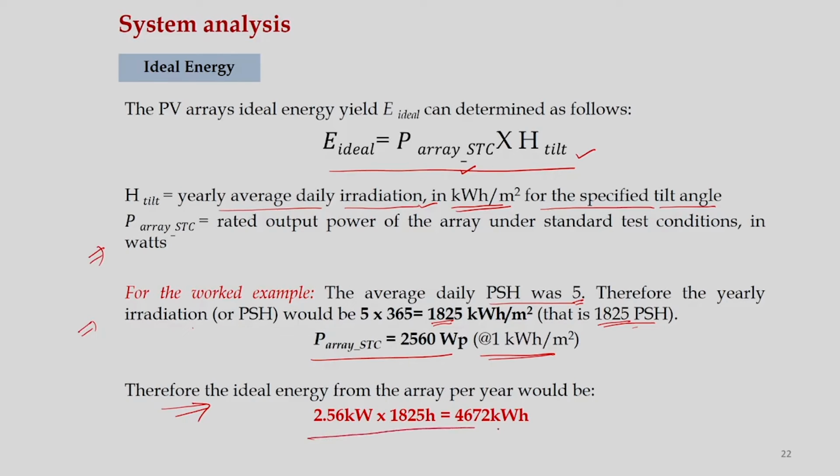This will be 2.56 kilowatt multiplied by 1825, it will be 4672 kilowatt hour, because this is watt peak, so in kilo it will be 2.560 kilowatt, and then 1825 is known to us. That way we can calculate the ideal energy from the array per year, which will be equal to 4672 kilowatt hour in this exercise.